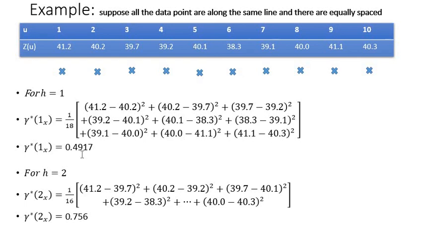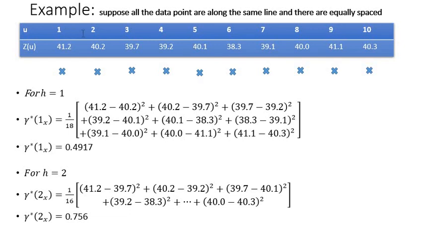0.4917. And then if we consider the difference of 2, so if the difference between this location 1 and this location 3 is 2, you can see the difference there is 2, and then this will give you how many vectors?